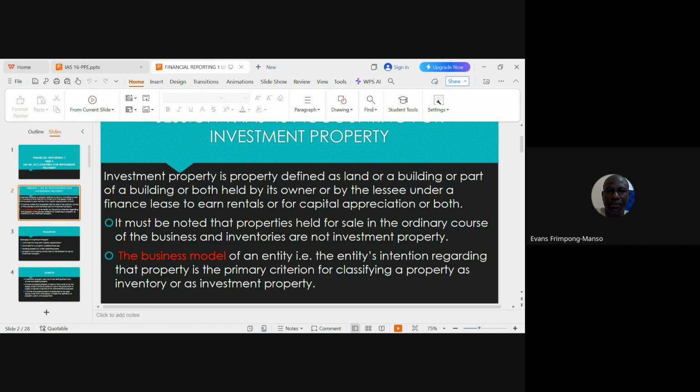So it is like you buy an asset on credit for a long term. So where somebody transfers the ownership and risks that is associated with an asset to another person for the purposes of rentals or for capital appreciation or both, then we can say we are talking about investment property.